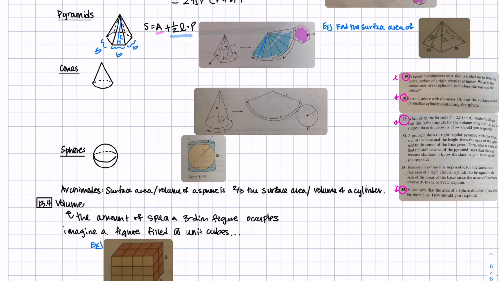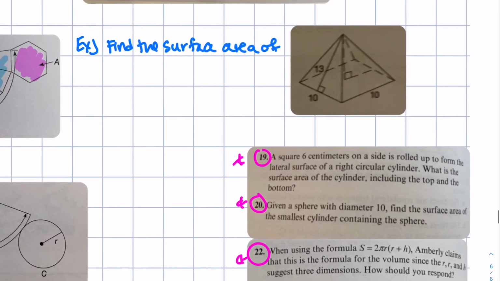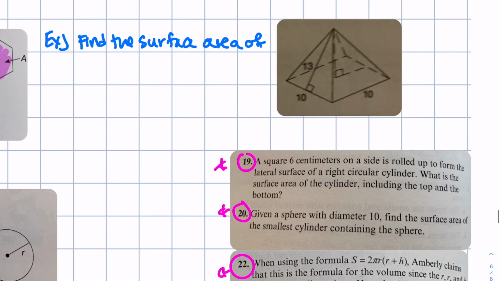Okay, so for example, on the right over here, we have an example of a pyramid with a square base. What I want to do is take the area of this square base and first find that area.